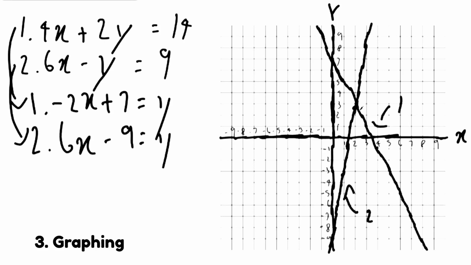You can see that the lines intersect here, though the line's a bit messy, you can get the idea. The lines intersect at this point here, and the coordinates of this point are 2, 3, so the x coordinate is 2 and the y coordinate is 3. So we get x equals 2 and y equals 3, and those are the values we got before, and so these are the correct values, and this is the answer.